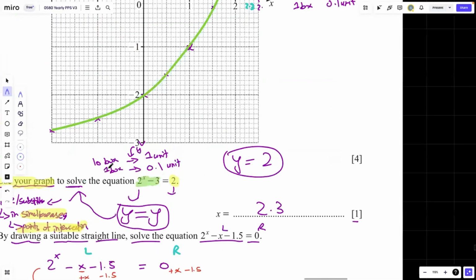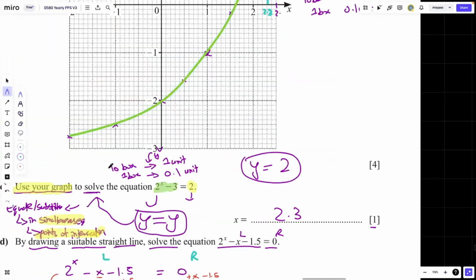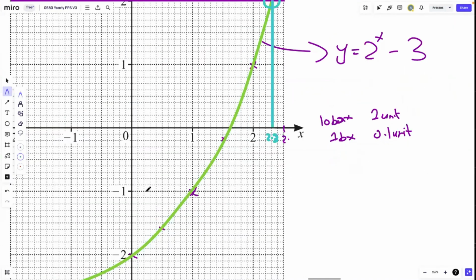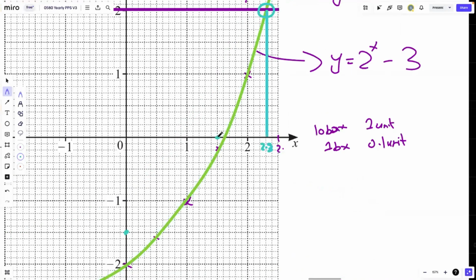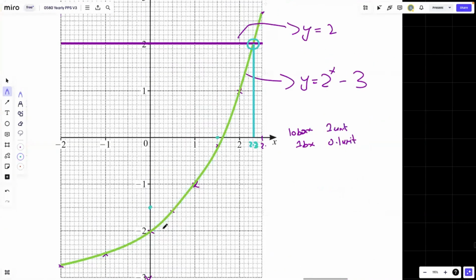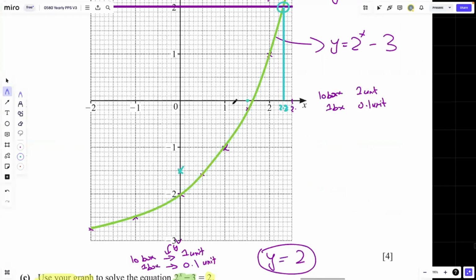I can mark them up. So that's 0 comma negative 1.5, so that's going to be this point. And the other one is 1.5 comma 0. That's this one. And then I can just make the line.